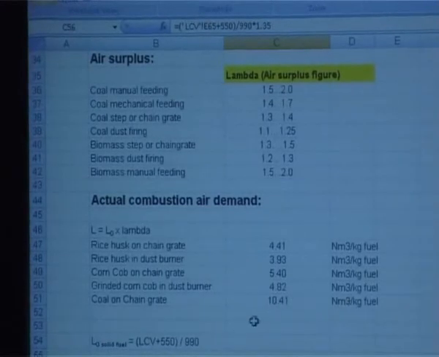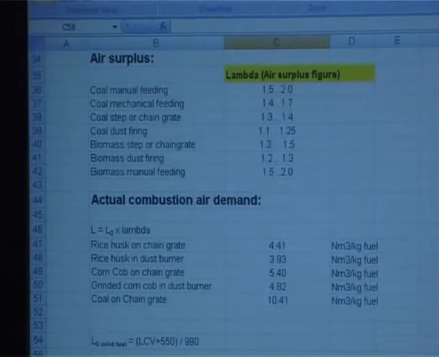But here you have 10.4 normal cubic meter per kilogram of fuel, and perhaps we should try to say what are we talking about when we enter into the boiler? Are we talking, say, 800 centigrade going into the boiler?